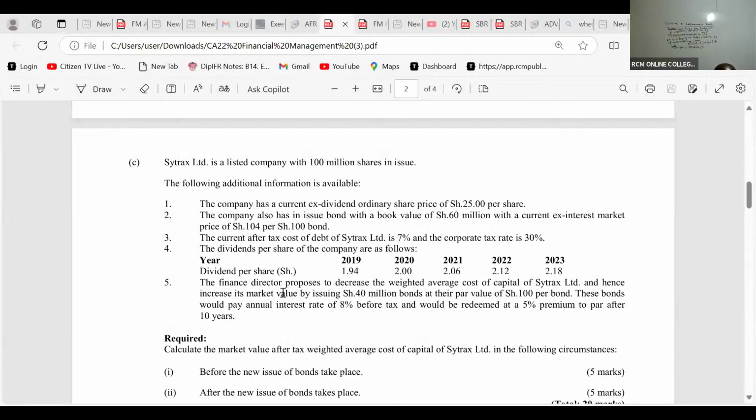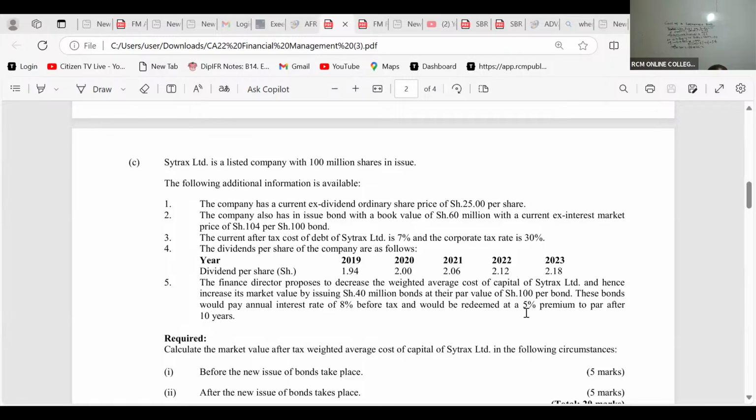Check this. Let me read this. The finance director proposes to decrease the WACC of Citrax Limited and hence increase its market value by issuing shillings 40 million bonds at their par value of shillings 100 per bond. These bonds would pay annual interest rate of 8% before tax and would be redeemed at a 5% premium, means over and above 100%.